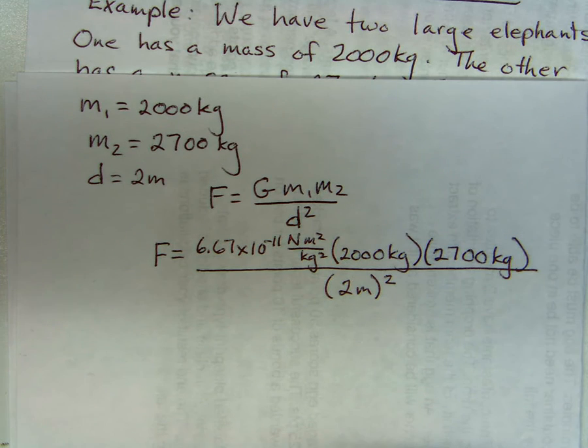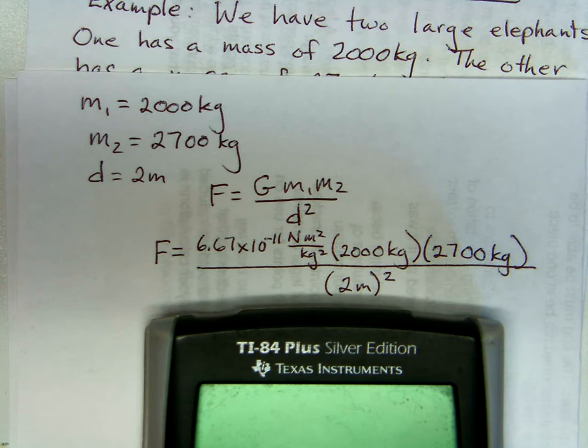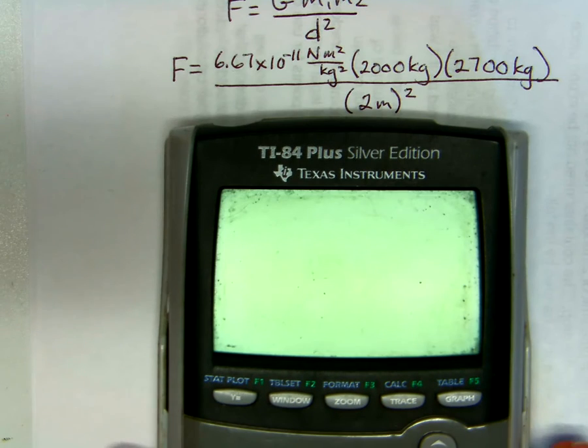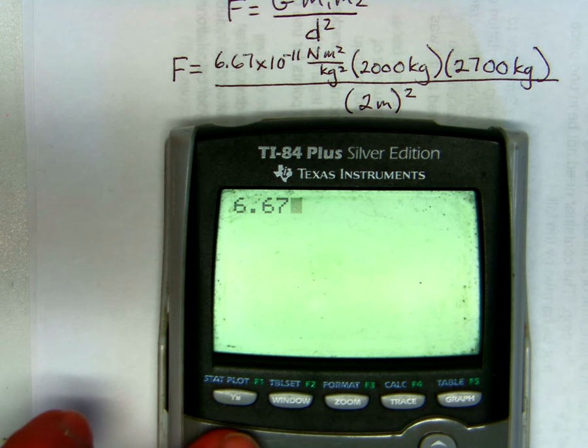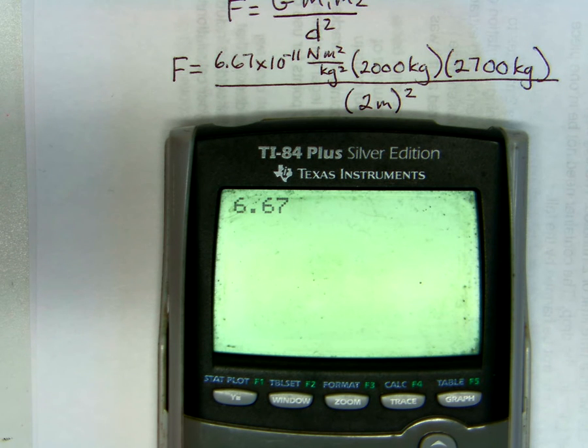One of the things you want to be real careful of when you're doing these calculations is how you put it in. So I'm going to go over it on the calculator. You'll want to do it the exact same way. So we need to put in our value of G. You're going to put in 6.67. But the way you want to put the exponent in is you push the second button, the blue one, and then the comma where it has the double E above it.